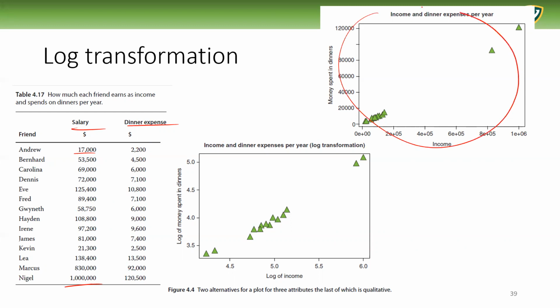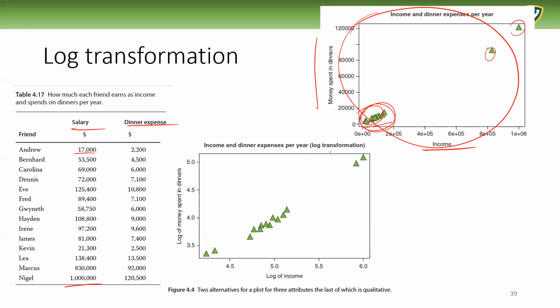If you look at the original graph, it would look something like this. Everything is concentrated on the left, with some big outliers on the right. This is income on the x-axis and dinner on the y-axis, and these scales are just too distinct.